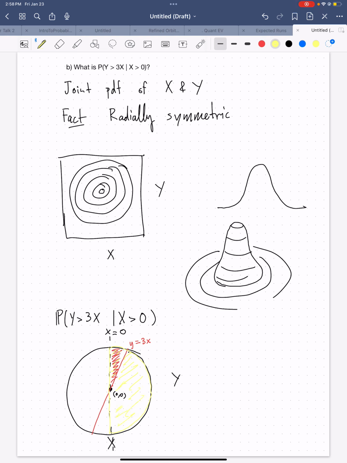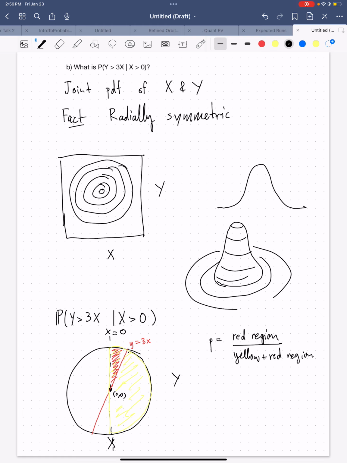So the probability we want is the red region divided by the yellow plus red region.